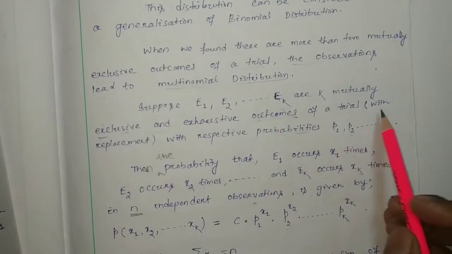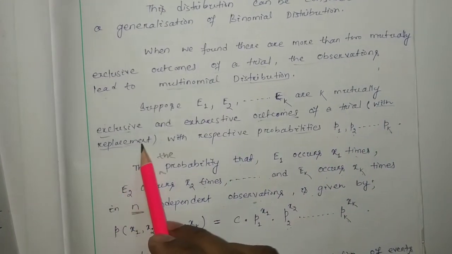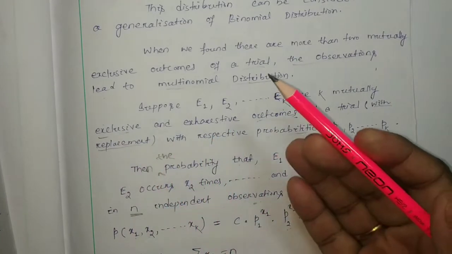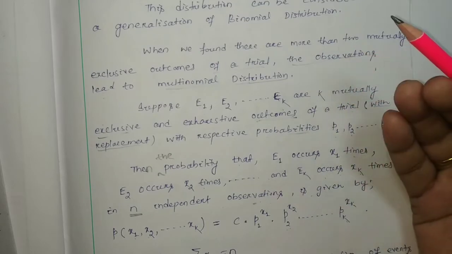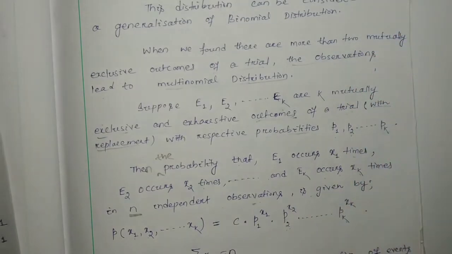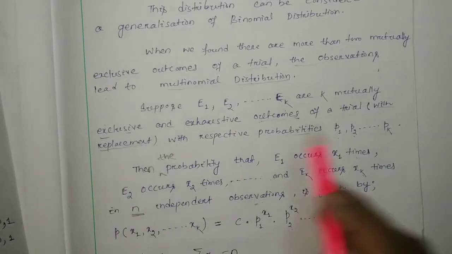For the dice, we have the six outcomes, mutually exclusive and also exhaustive. Why with replacement, we will discuss later.